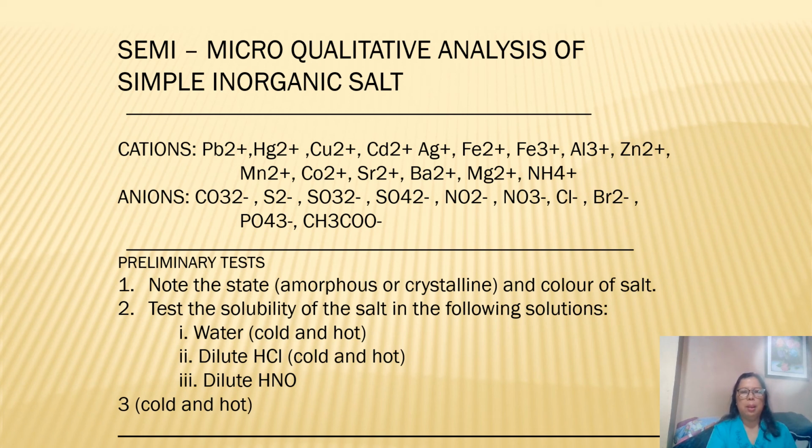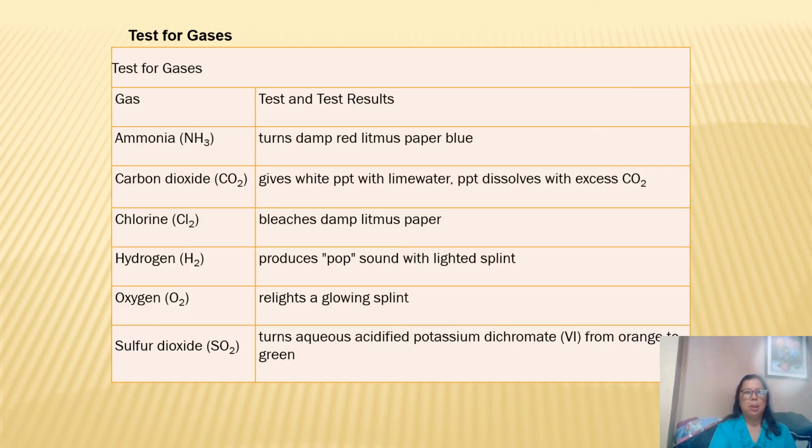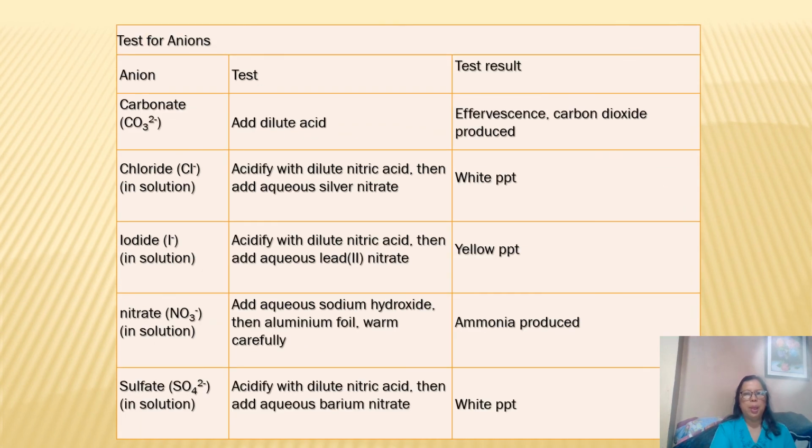And then this is just a preview of your test for simple inorganic salts. Test for gases: ammonia, carbon dioxide, chlorine, hydrogen, oxygen, sulfur dioxide. For ammonia, it will yield a blue color with red litmus paper. These are just simple examples of different tests.